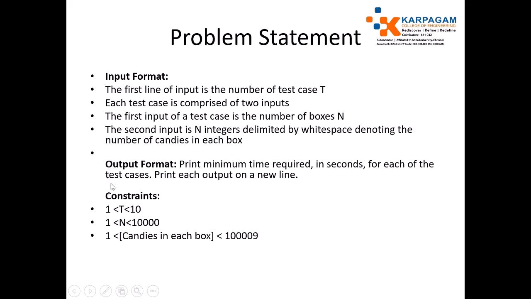We have to print the minimum time required in seconds for each of the test cases, each output on a new line. The input format is, the first line of input is the number of test cases. Each test case comprises two inputs. The first is the number of boxes n, that is the size of an array, and the second line contains n integers delimited by a space denoting the number of candies in each box.